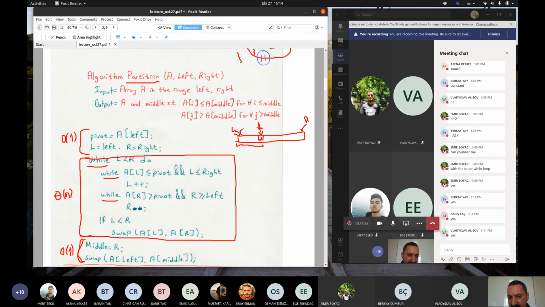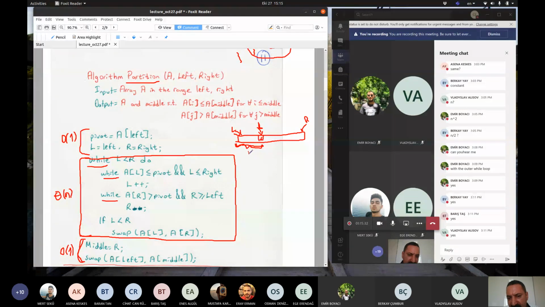The running time spent by the algorithm up until now is proportional to the number of elements we have seen so far, because for each one all we do is just some comparison and some increment operation, which both of them are constant, which means that this while loop until its stopping point will spend time proportional to the number of elements it has seen so far.